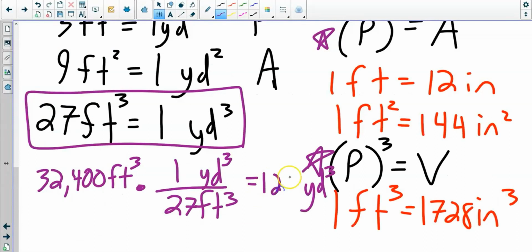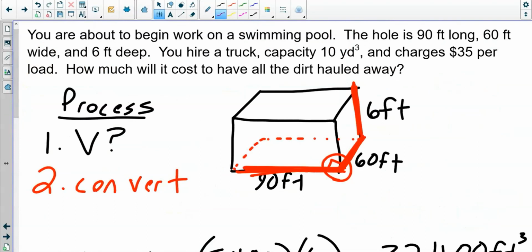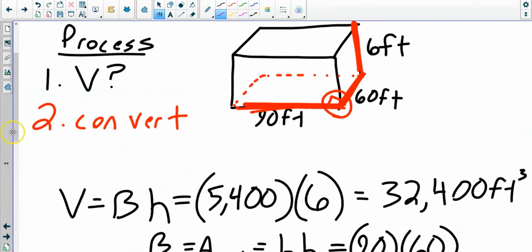So 1,200 yards cubed. There's step 2. Okay? We have converted from feet cubed to yards cubed. Because in our problem, we need to know the yards cubed because that's what our trucks are going to be measured in. Okay?